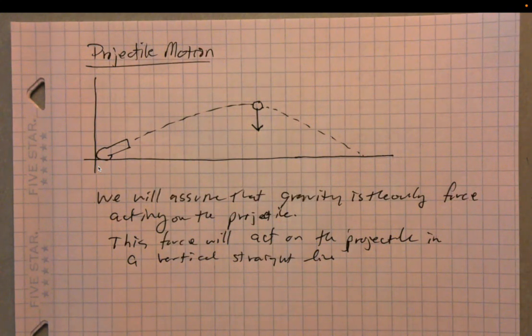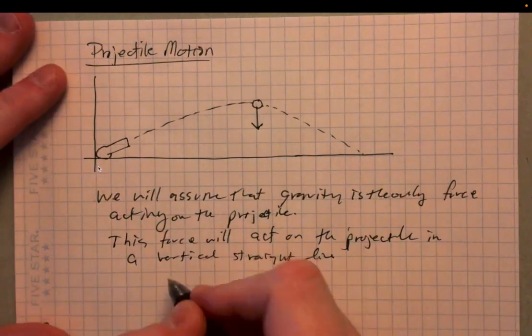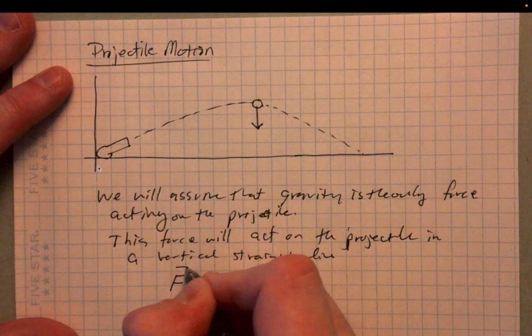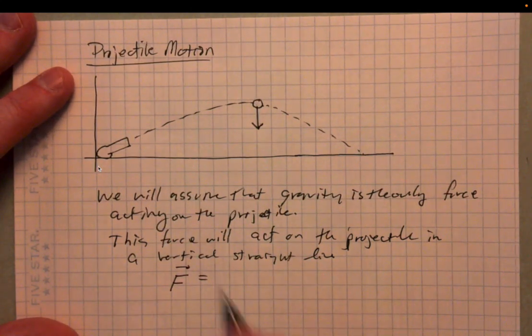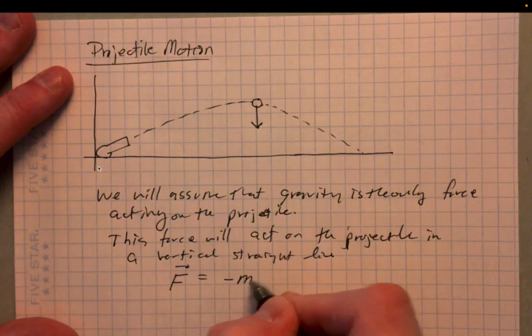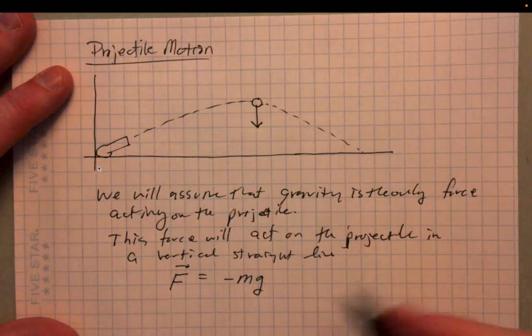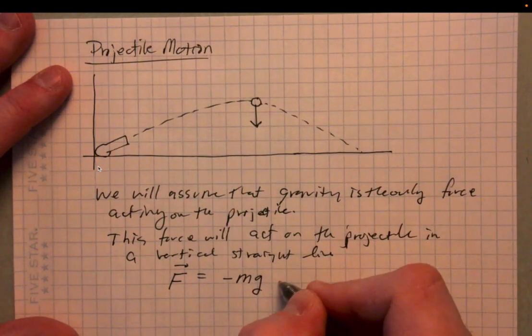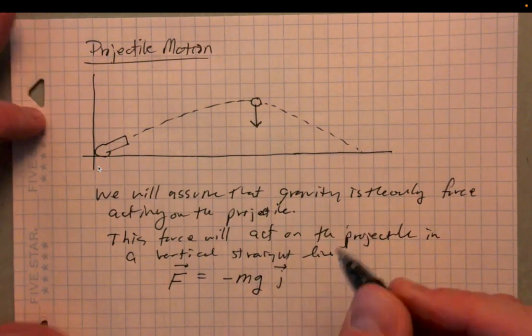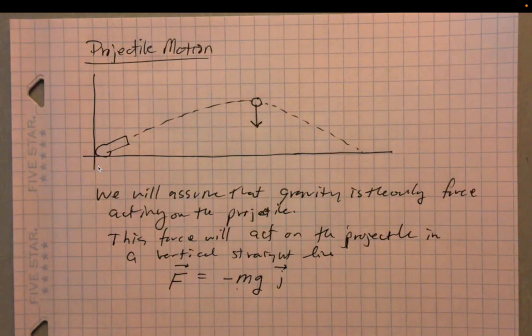For a projectile of mass m, the force due to gravity could be modeled using F equals negative mg, and then because it's vertical, we would use the j component there. And so m is the mass of the particle, and g is the gravitational constant, right?